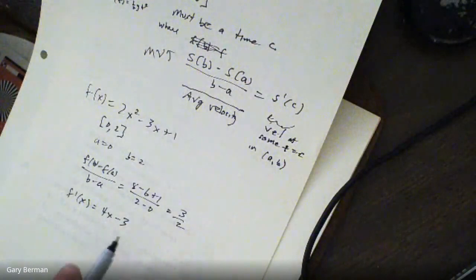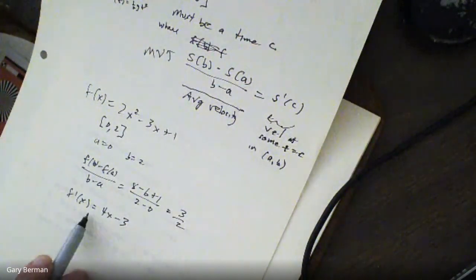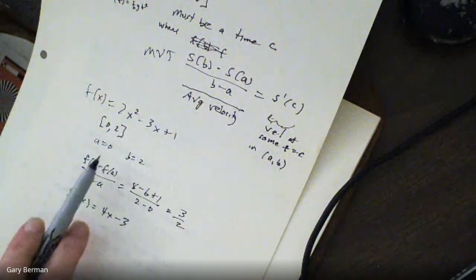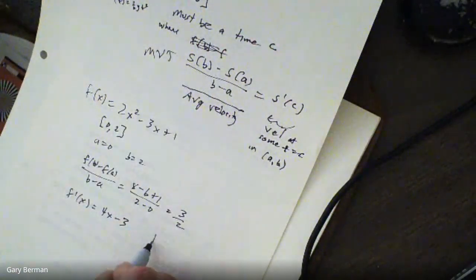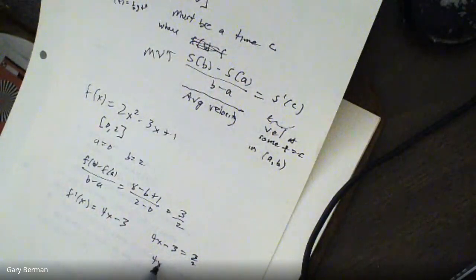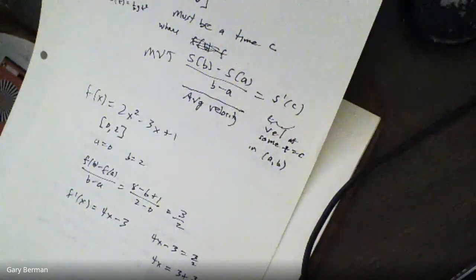And we're told that there has to be some point where this derivative equals 3 halves in the interval, because this function is continuous and differentiable. In other words, somewhere 4x minus 3 had to equal 3 halves. In other words, 4x is equal to 3 plus 3 halves. This is 6 halves plus 3 halves is 9 halves.